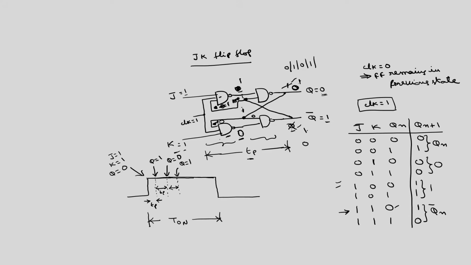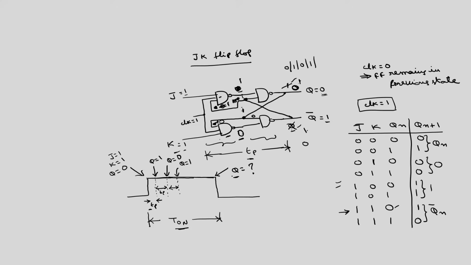Now, if I want to know the value of Q at the end of this clock signal, this is indefinite. We do not know whether it is 0 or 1. To find out exactly, we have to find out how many Tps are present in T on, but that becomes difficult to estimate. So, the Q value at the end of this clock signal is again ambiguous.